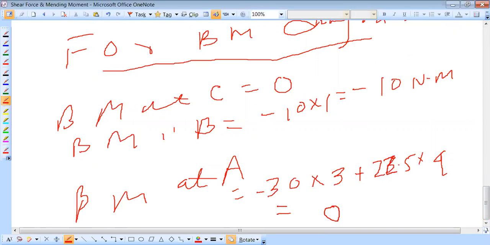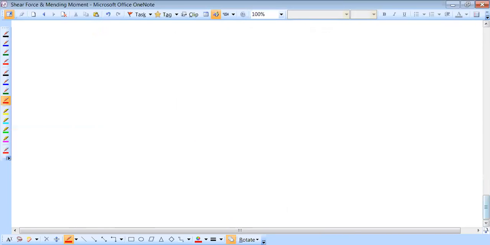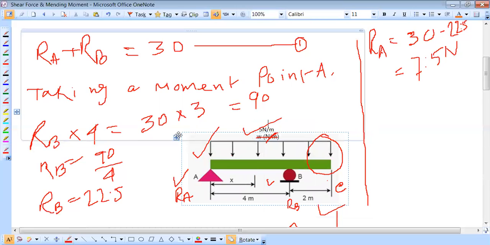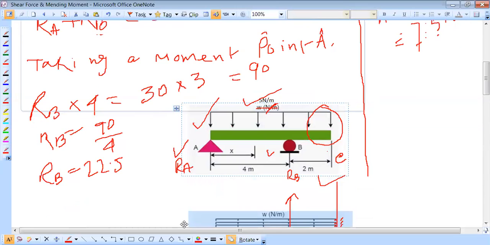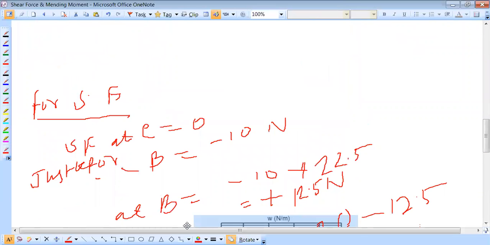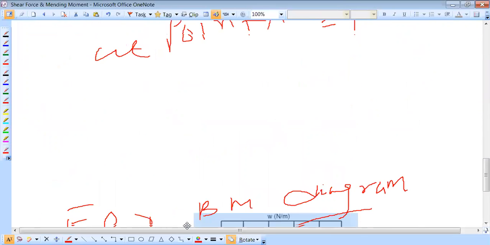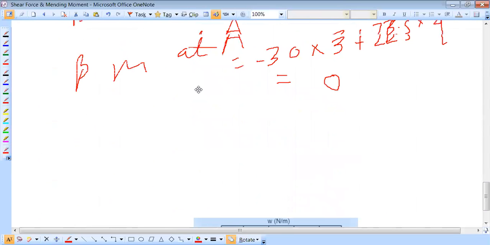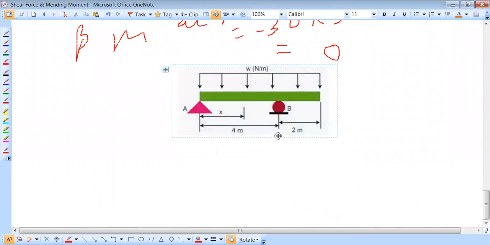and let's draw the SFD and BMD. First of all, you draw the loaded beam. So take the loaded beam here. Then you can easily find out. We have already found out the different SF and BMs. Then find out the SFD and BMD. Now take care. Then draw the line from different points, perpendicular line.